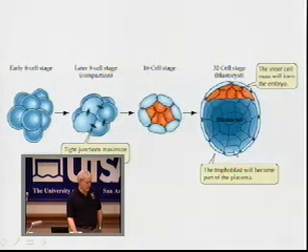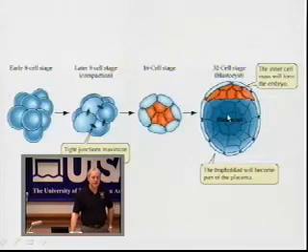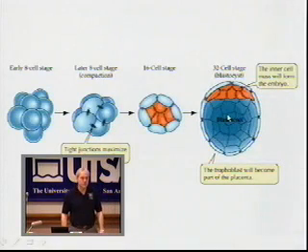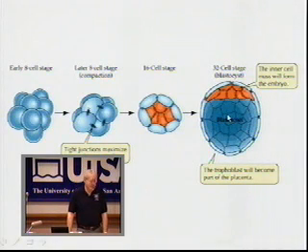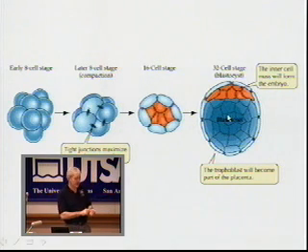And this is a stage where it's large enough to be viewed under microscopy in a petri dish or something like that, and manipulated, can be grasped with micromanipulation devices.